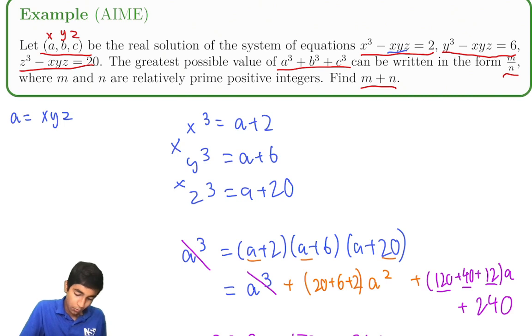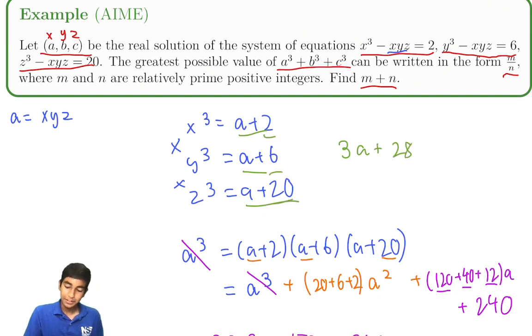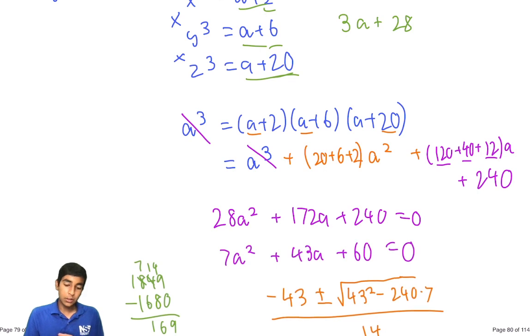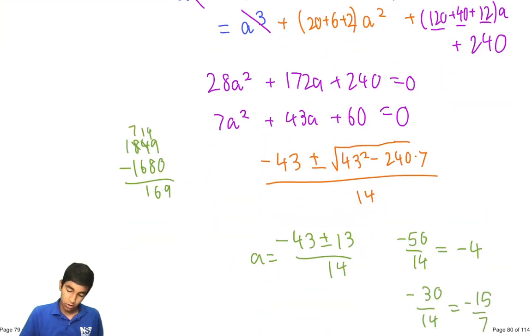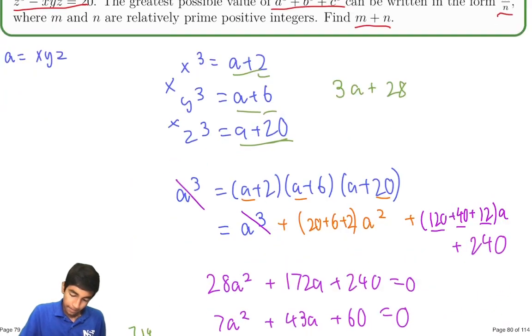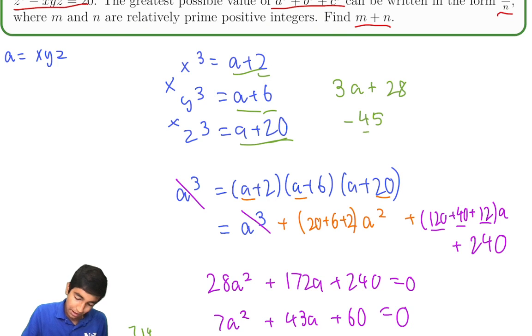We know x cubed, y cubed, and z cubed in terms of a. Their sum is 3a plus 28, from 2 plus 6 plus 20. We want it to be as big as possible. So we choose the larger of these two, negative 15 over 7, of course. So negative 45 over 7 plus 28. This will be our answer.